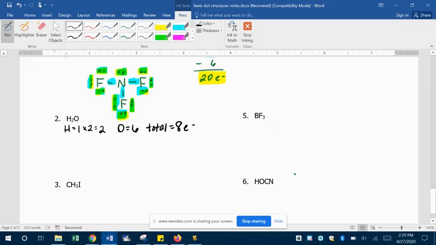Now, in this case, hydrogen is written first, but nature really likes to be symmetrical. So I'm going to put oxygen in the middle with a hydrogen on each side. And remember, I start by just drawing a dash representing a bond for each of these.